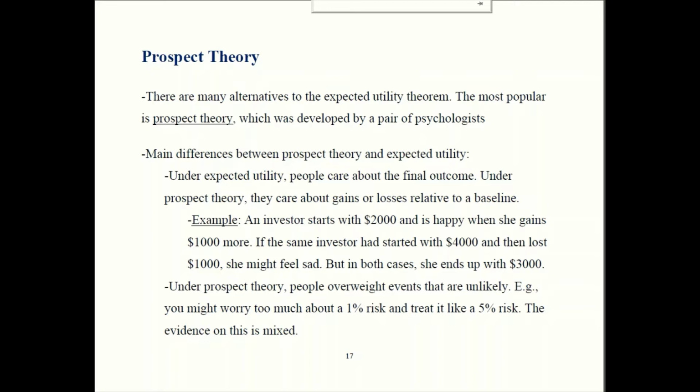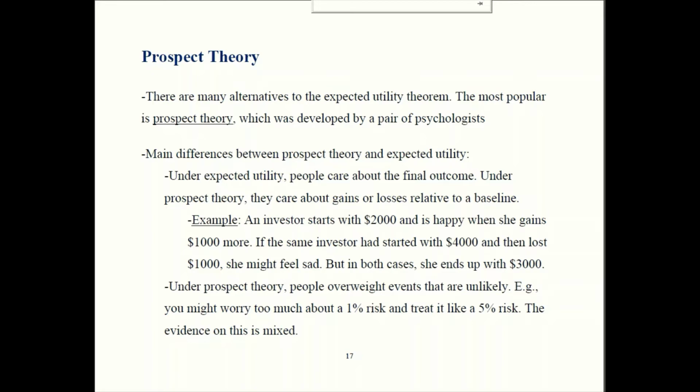You might get really worried about that and act as if it is a 5% risk. It's also reversible, so if you saw something that was going to happen with probability 90%, let's say, that's close to certain, but still some risk there, you would treat that as being less than 90%.